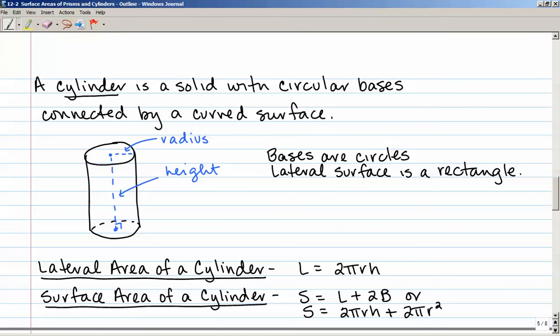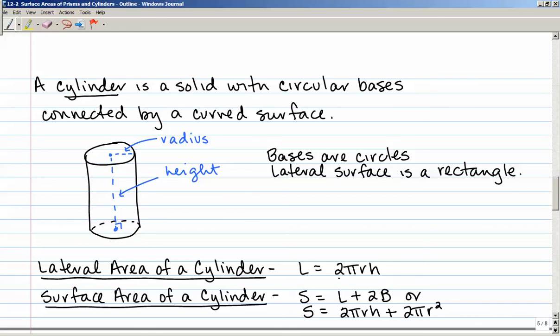So the formula for the lateral area of a cylinder is represented by L equals 2 pi rh, where r is the radius of the circular base and h is the height, the distance between the two circles. The total surface area of the cylinder is represented by S equals L, which is the lateral area, plus 2 times the base.